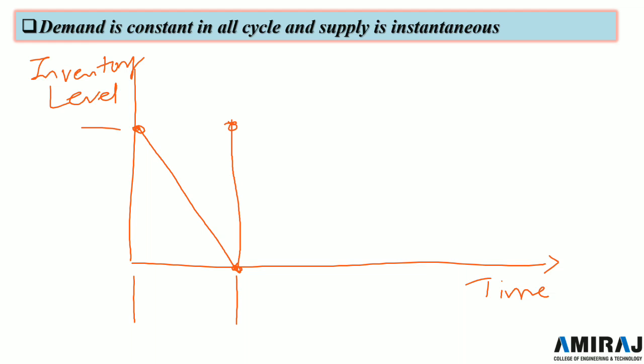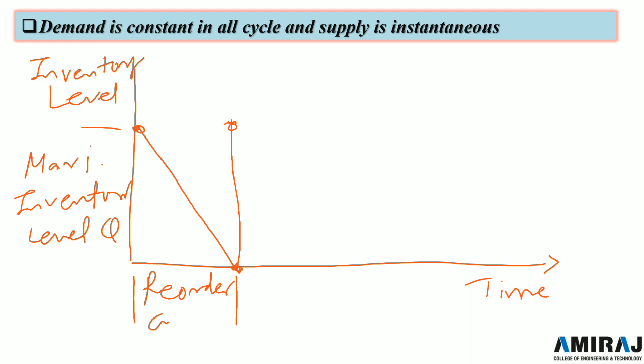So this is the maximum inventory level, that is Q, and this is the reorder cycle. Here we start using the inventory and we get the instant supply.